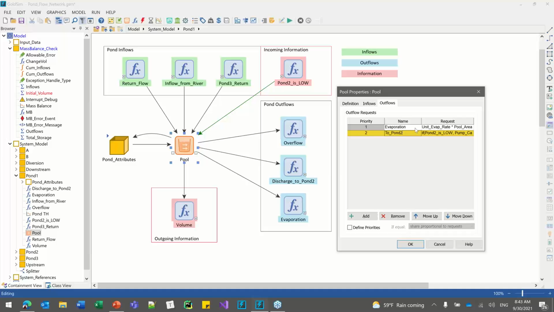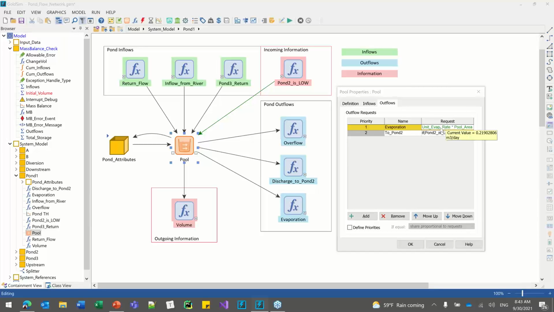Just know that when we calculate evaporation rates, it's a function of the volume. So the request in this table, this equation, would for all intents and purposes be exactly the same as the calculated outflow of the evaporation rate. They're going to be the same because it's a function of the volume.